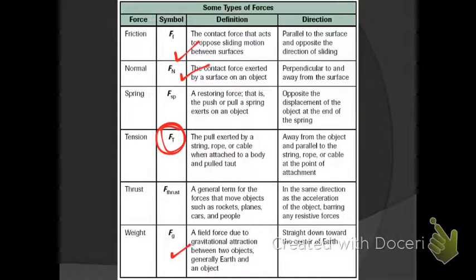That might look like a bucket that's held by a string. So my free body diagram might look something like this, right? Here's my tension force. Here's my gravitational force. You could still call it something else, but usually when we have a rope or a cable or a string, we're going to call that a tension force.